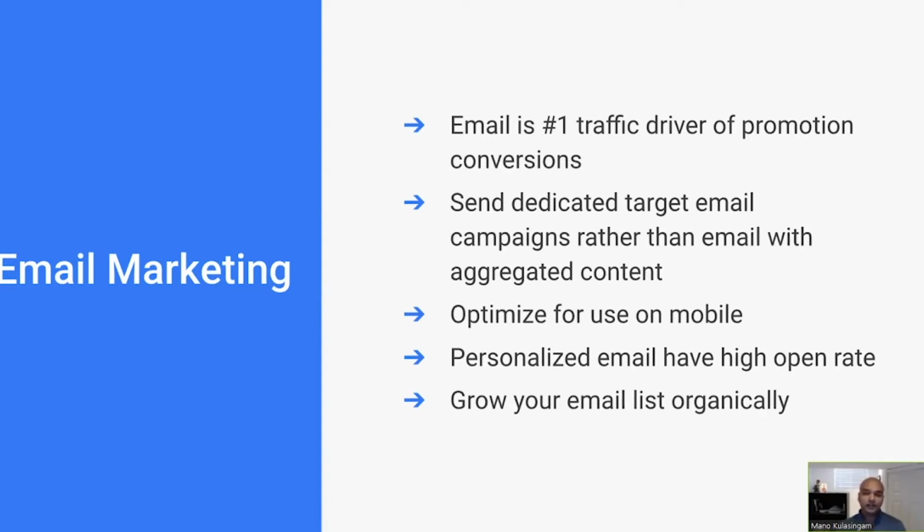So focus on targeted campaigns. Make sure you're optimized for mobile. Personalization is huge. It has a much higher open rate, and if you can personalize your email marketing around either the individual user or customer, or a cohort of customers, targeting them in that way is going to give you a much better success rate.